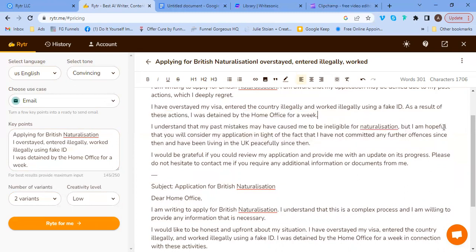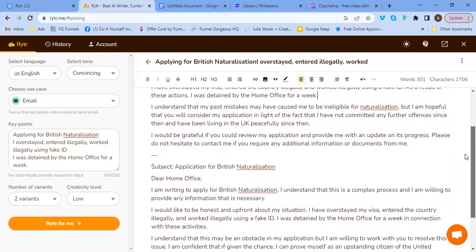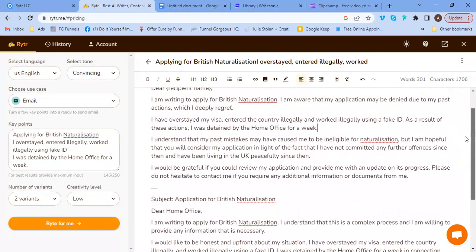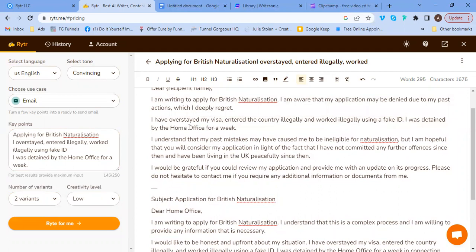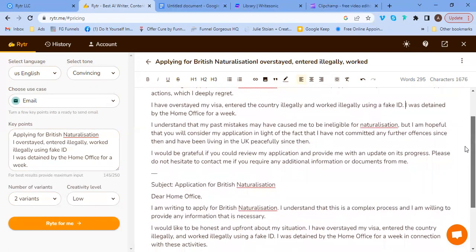So you still have to read the letter, because it may not be accurate. It may be, "I have overstayed my visa, entered the UK illegally, and worked illegally using my fake ID." In this case, obviously you know your situation, so you just delete that one because it doesn't apply. It doesn't follow that because of those, the person was detained. It was a separate occasion that he was detained by the Home Office for a week.